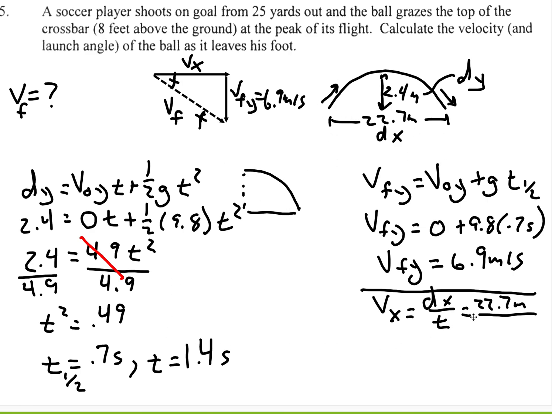So the whole time is 1.4 seconds. So 22.7 divided by 1.4 is 16.2 meters per second. So that is going to be this side.